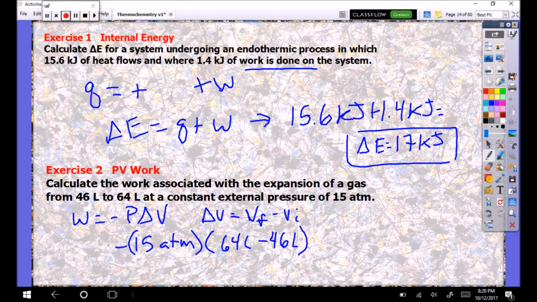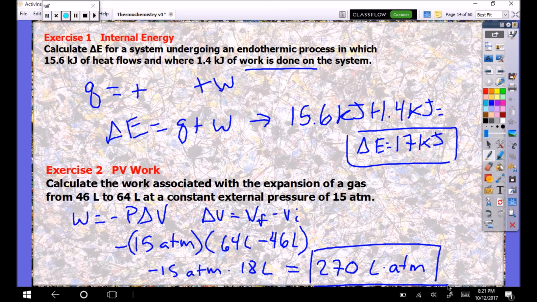And we end up getting negative 15 atmospheres times 18 liters. And when we multiply those, we end up getting 270 liter atmospheres. That is the amount of work being done on our system. Pressure and volume work.